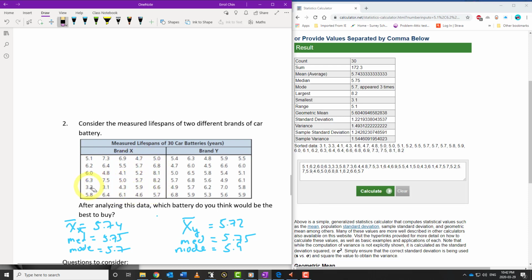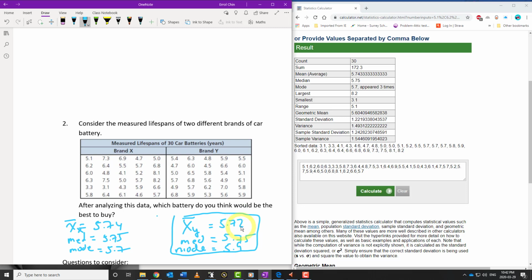So there's a couple of low ones, 3.3, 3.1, 4.3. And then you take a look at this one. They all seem to be sort of centrally located. So which one looks more reliable? Well, because the data points all suggest roughly the same amount of time, I would have to say that it's this battery.